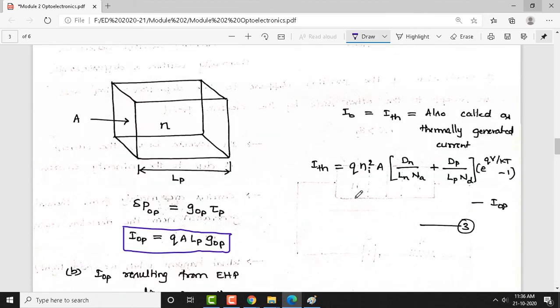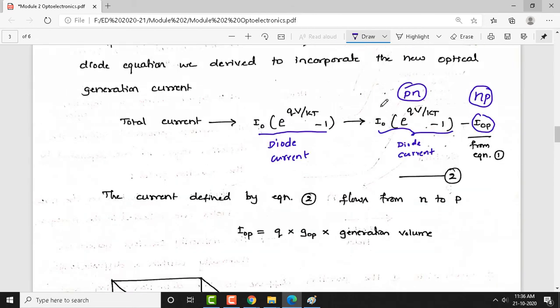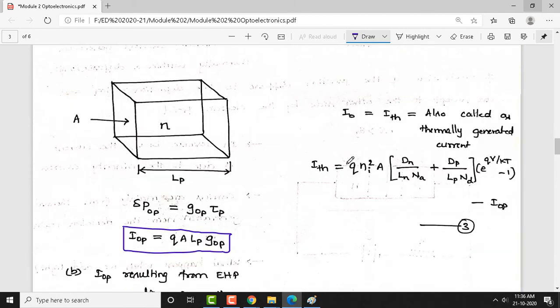Now, here is one more equation which you need to be aware of, called the reverse saturation current. In this equation we have I naught, which corresponds to the reverse saturation current. So, I naught is given by this mathematical equation. We have discussed this in the previous chapter. This reverse saturation current, or thermally generated current, is given by Q times Ni squared times A, multiplied with Dn by Ln times Na plus Dp by Lp times Nd, where Dp stands for the diffusion constant for holes.